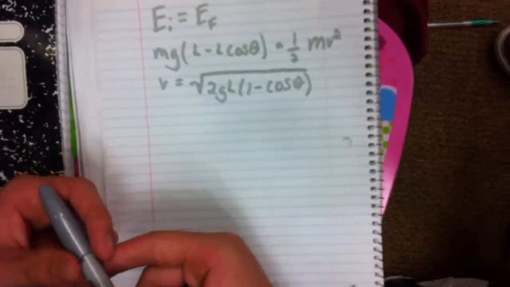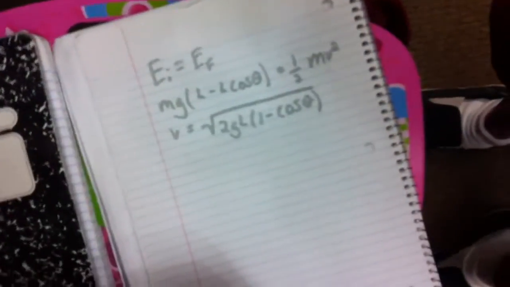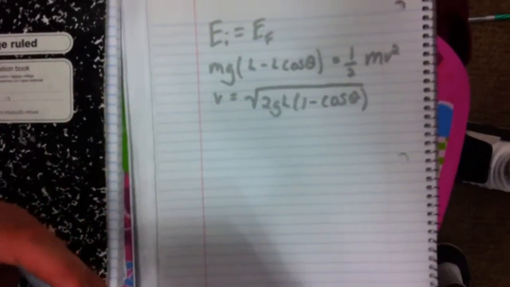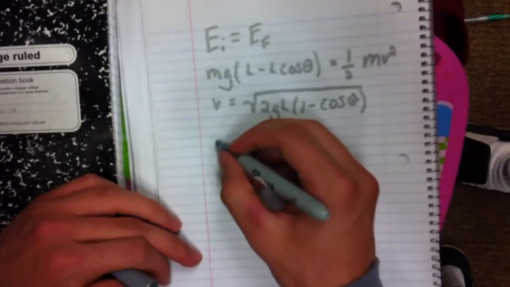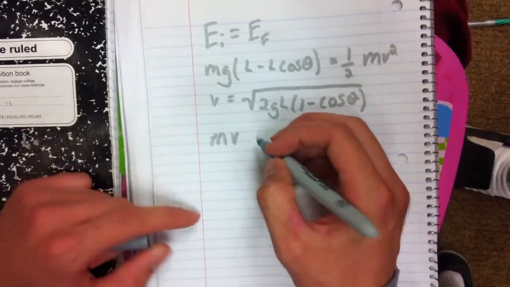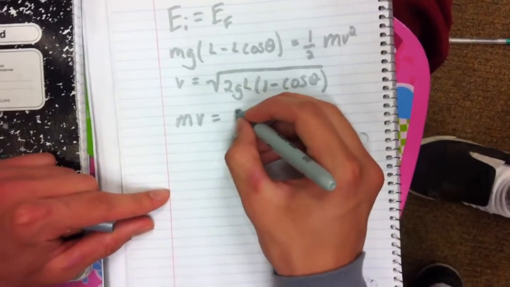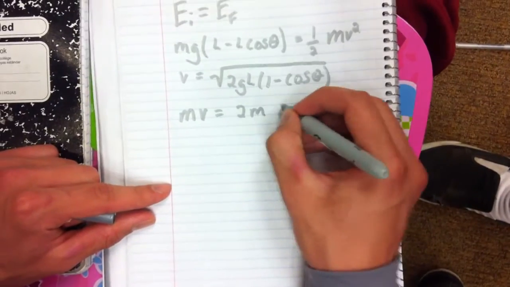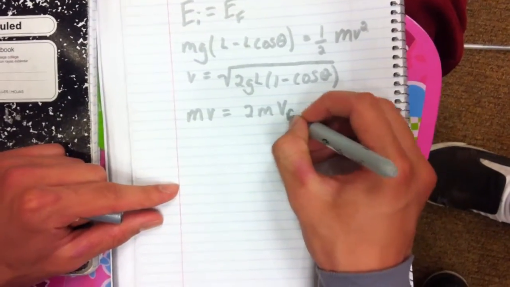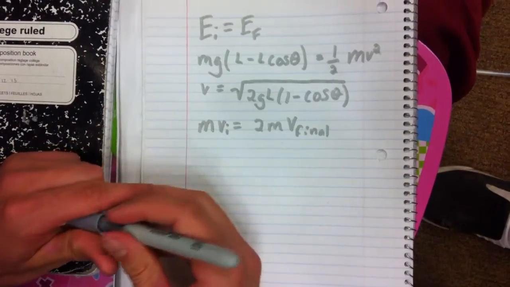We're also going to need to apply momentum conservation to find the speed of the masses just after the collision. So we know that the initial momentum would be mv, and we get v from here, and that would equal 2m v final.